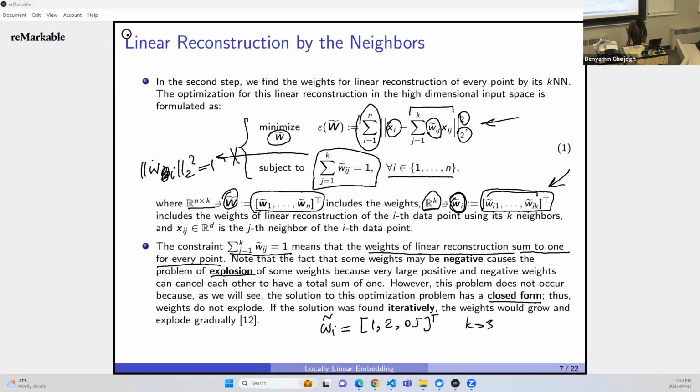Assume k is 3. Then W_i, what happens? Assume n is 5. And assume for the i-th point, the neighbors are x_i1. So x_i1 is actually x_2, assume.